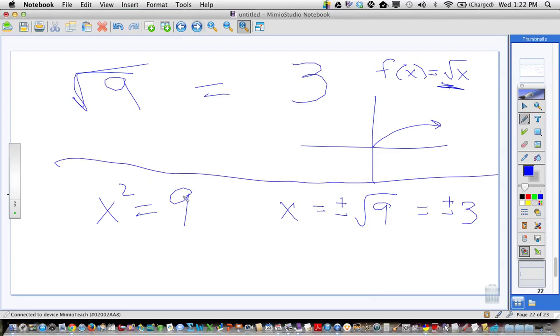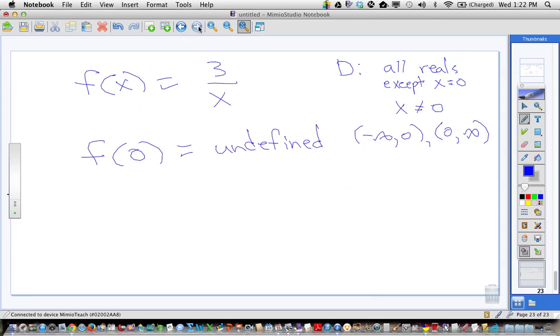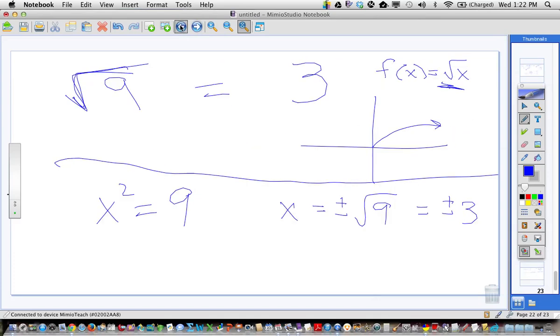Whenever we're solving an equation with a square root, we have to tack on that plus or minus, because we're asking what values of x will solve this. Well, 3 and negative 3 will both solve that. But here we're just asking what's the positive square root of 9. So two different questions.